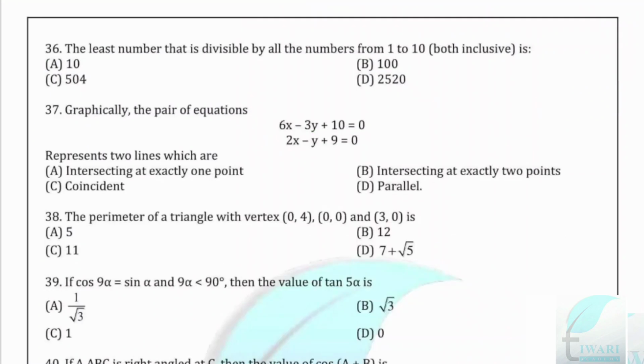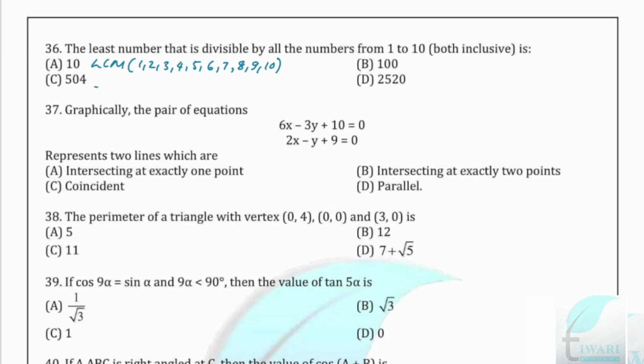Question number 36. The least number that is divisible by all the numbers from 1 to 10 is what? So first what we'll do is we'll take LCM of 1, 2, 3, 4, 5, 6, 7, 8, 9 and 10.